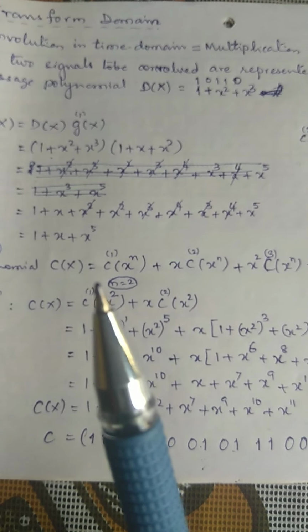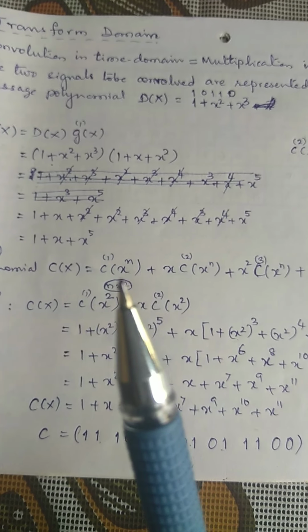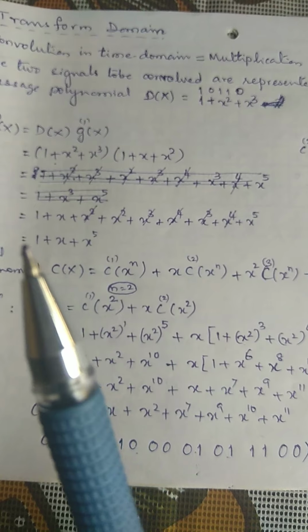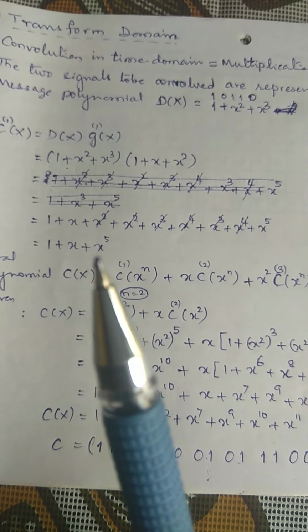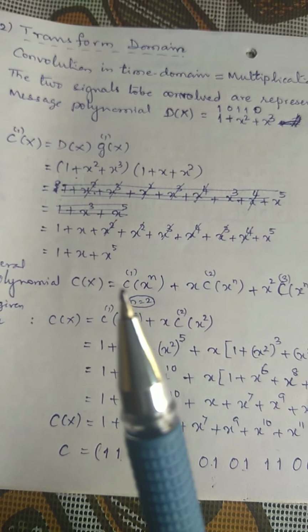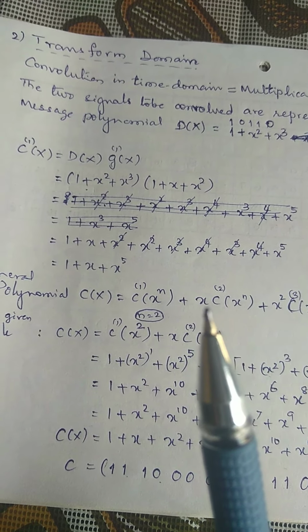Interlacing of these has to be done with the equation given: the final code polynomial is obtained by c of x equals c1 of x^n plus c2 of x^n multiplied with x, plus c3 of x^n multiplied with x2, and so on up to cn of x^n multiplied with x^(n-1). So in these polynomials, every x has to be replaced by x power n.